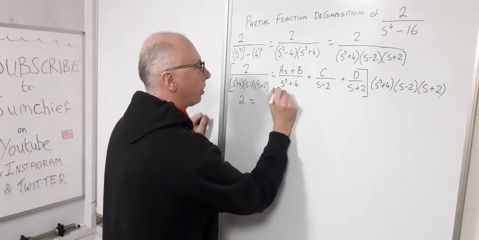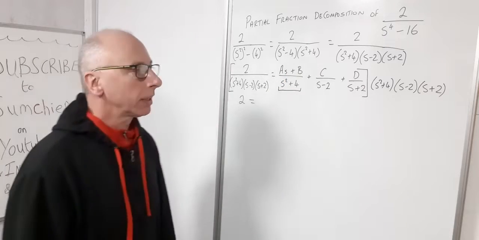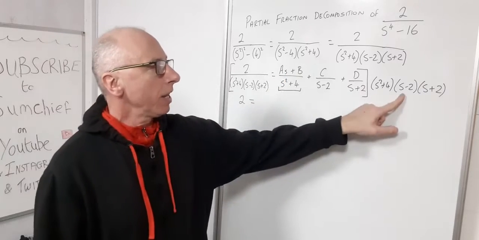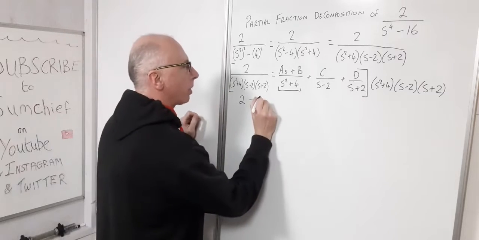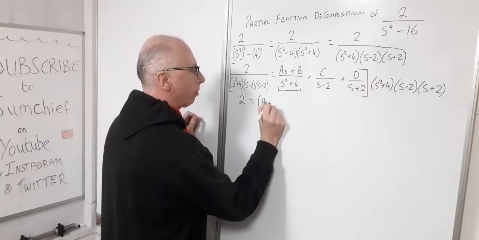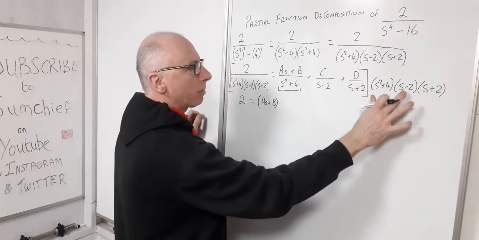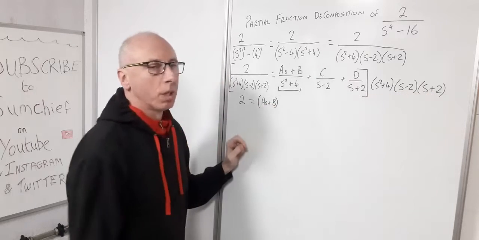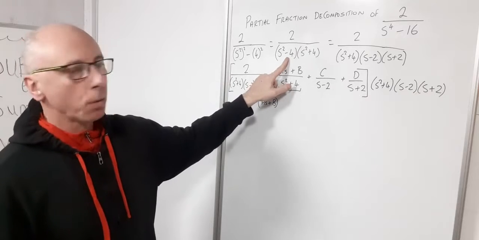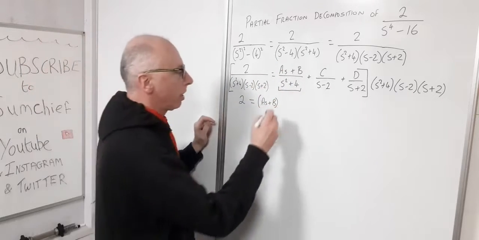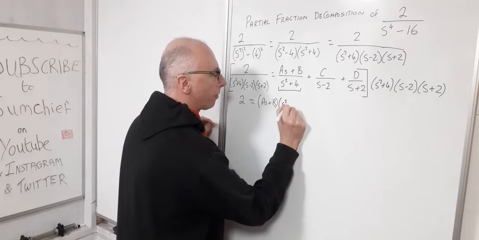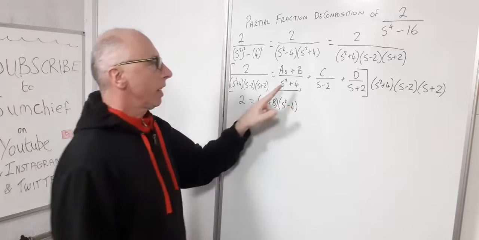Now first of all, this one here with the quadratic denominator. Multiplying that by this, the s squared plus 4s are both going to cancel out, and now I'm going to be left with as plus b times s minus 2, s plus 2. Well, we know that is s squared minus 4. So I'm going to write that straight into this bit here to save me some time on my working. So that's that one.